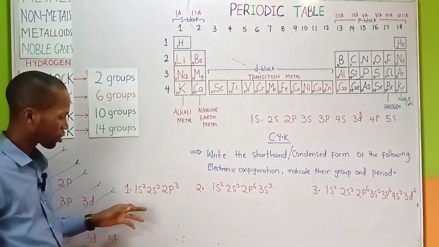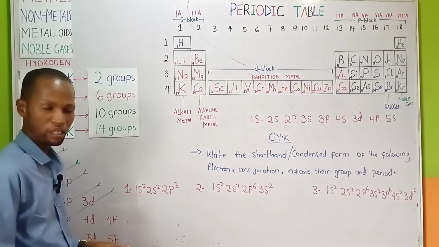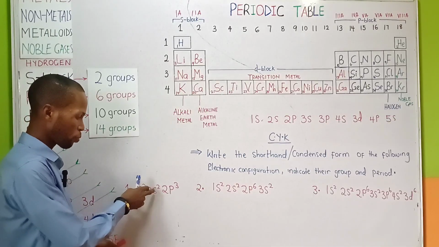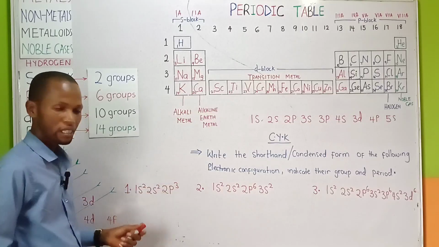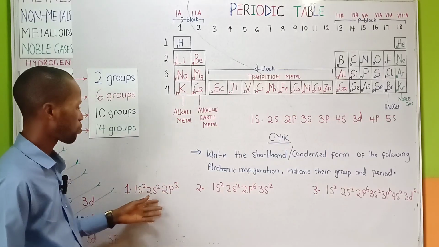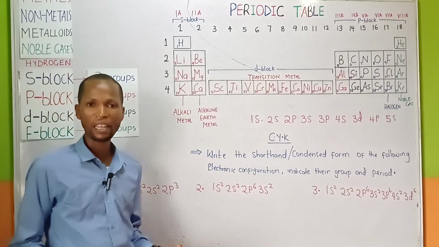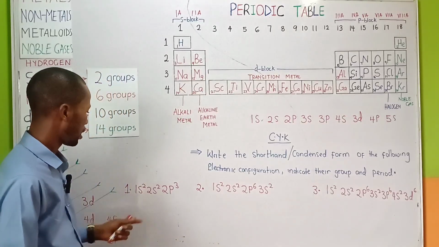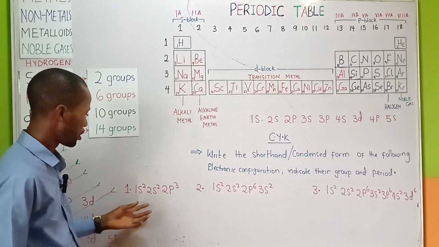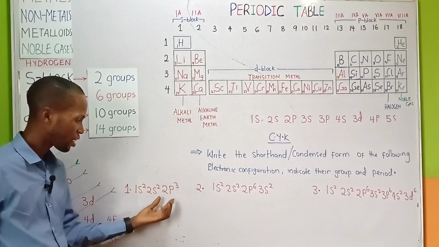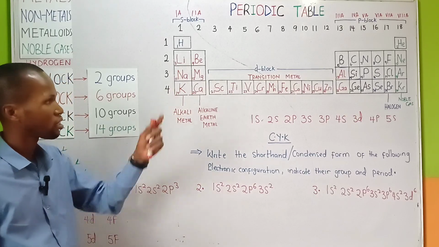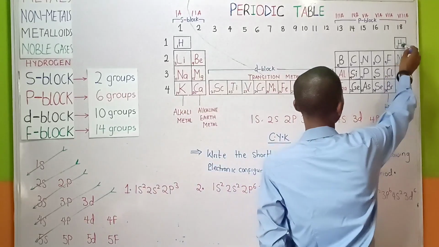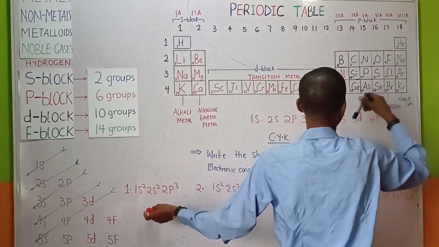The number of electrons in this configuration is 2 plus 2 plus 3, that is 7, which implies that we are dealing with the element with atomic number 7. That is nitrogen. And we need to understand that the noble gas that reflects in this configuration is helium, because it is helium that is contained in this electronic configuration.